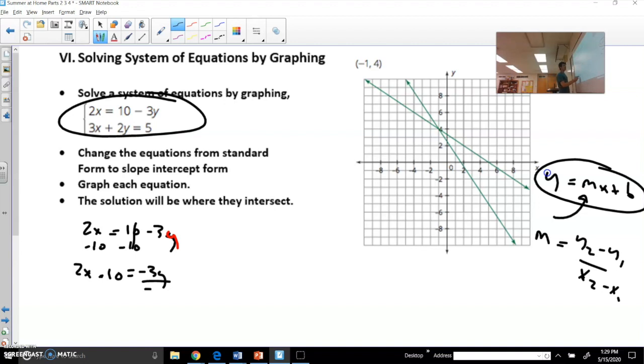And negative 3, we want to divide negative 3 to the other side. And when we do that, we're going to end up getting negative 2/3 x, negative over negative, positive 10/3, and then there I have y by itself. And if you don't like y on the right, because it's an equation, you can use the symmetric property and put it on the left. 2 equals y or y equals 2, they both mean the same thing.